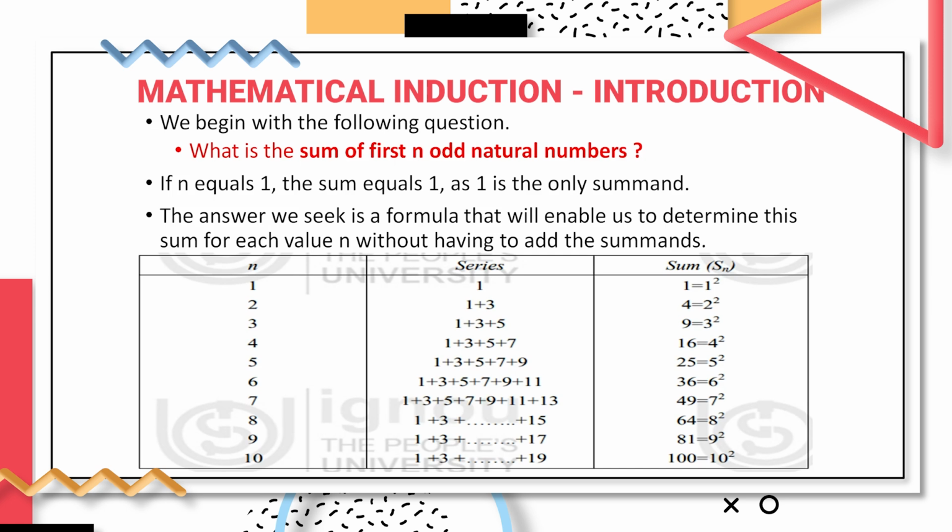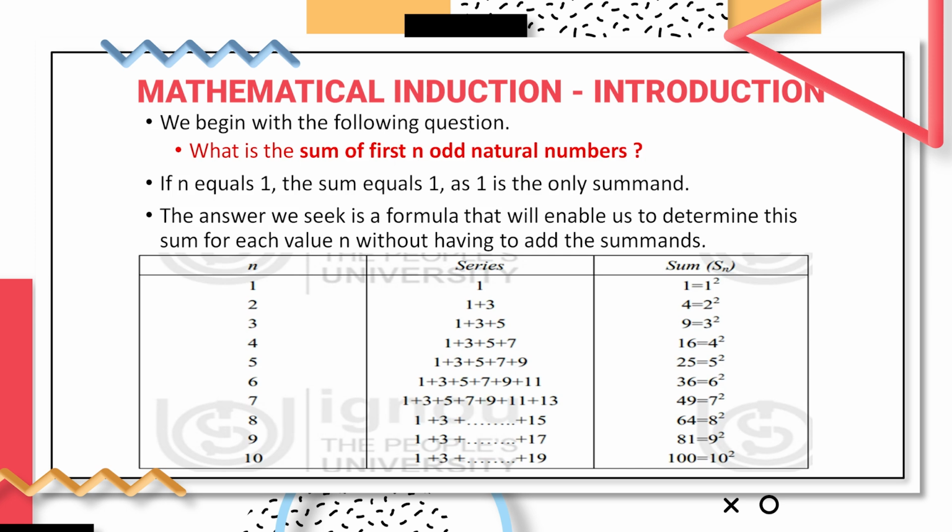So, 1 plus 3 will be equal to 4, and 4 is nothing but 2 square. That means we are taking two odd natural numbers. Now, if we take the third odd number, that is 5, then 1 plus 3 plus 5 turns out to be 9, and 9 is the square of 3.